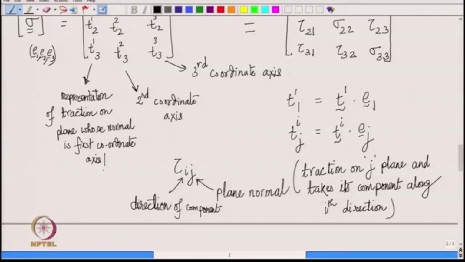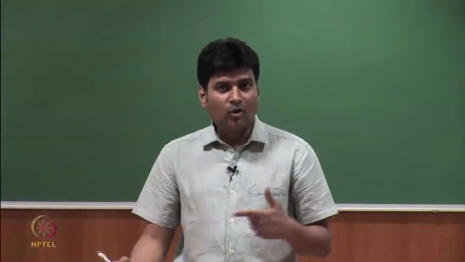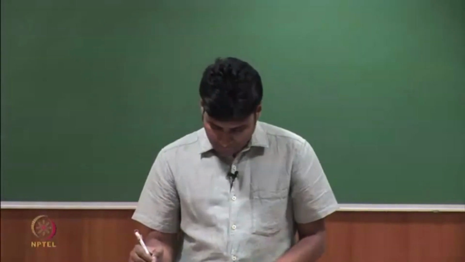So, that is tau I j. Okay. Sigma 1 sigma 2 sigma 3 are trivial. So, sigma 1 means traction on one plane and its component along the one direction itself.